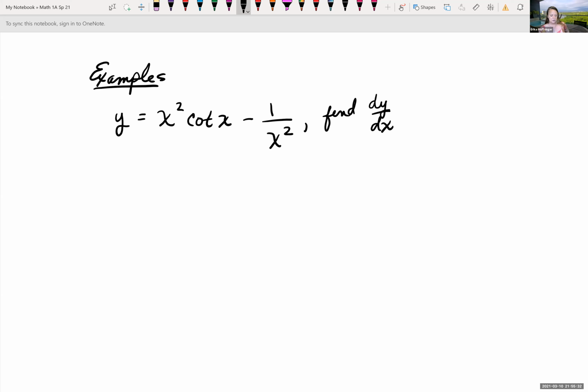Looking at this, you should be able to examine what types of rules you need to use. If I look at this and don't manipulate it in any way, then I would have to use the product rule.